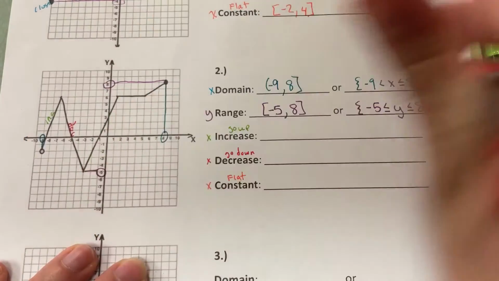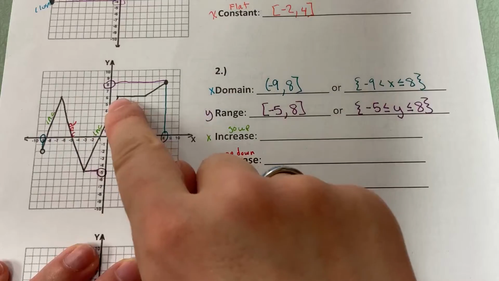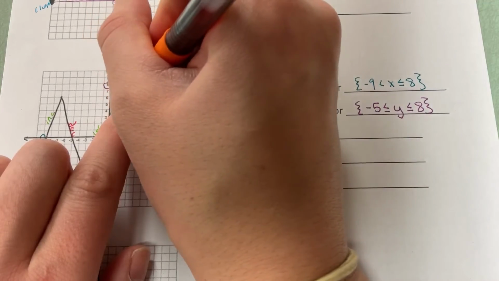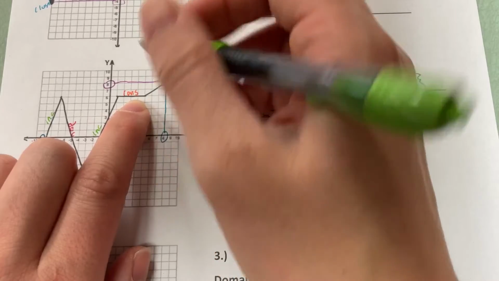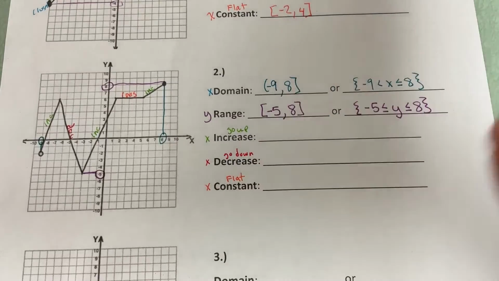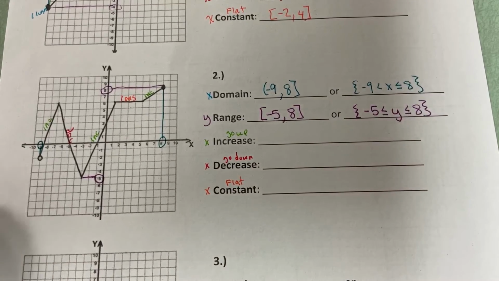Then we have a line that goes up, so now we have another increase. This ends at a flat line, so this is going to be a constant. And then we start to go up again, so this is going to be an increase. All right, so now that we've labeled everything, let's go through and write out the notation.